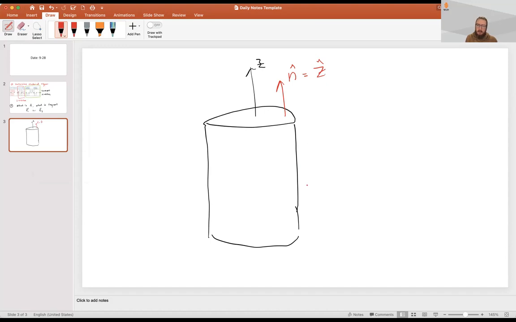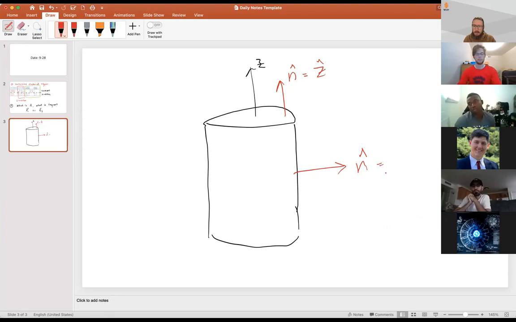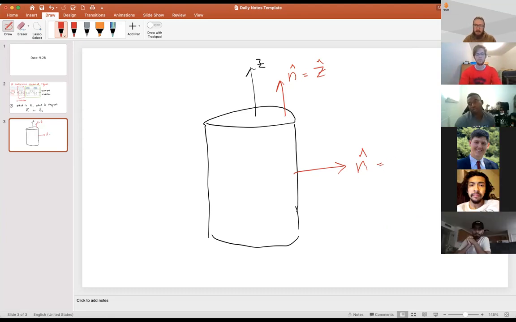Now let's remain in cylindrical coordinates and go to the side of the cylinder. What is the normal component to the outside of this cylinder? R hat. Yep, R hat is normal.